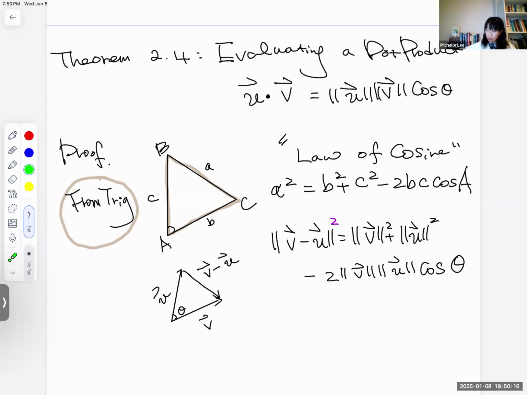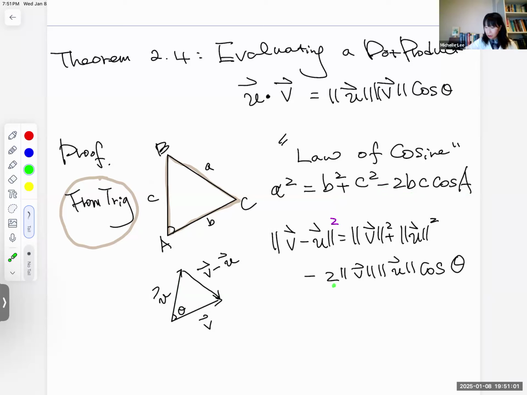But we talk about the magnitude, right? The length. So this corresponds to that. We have the magnitude of this side, which is v minus u, and we square it, equal to, following the same corresponding sides, the magnitude of v squared plus the magnitude of u squared minus 2bc cosine theta.